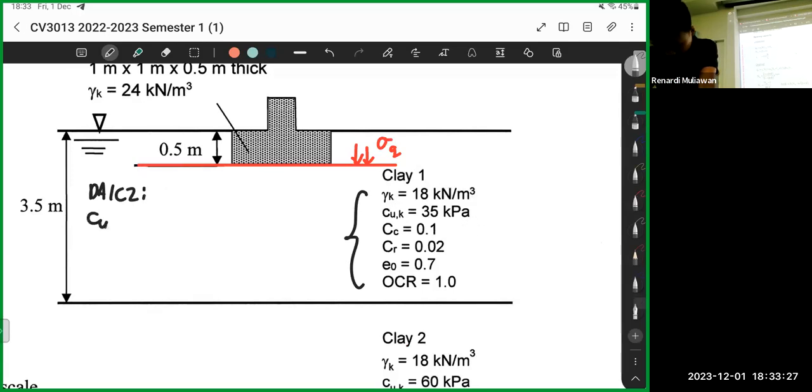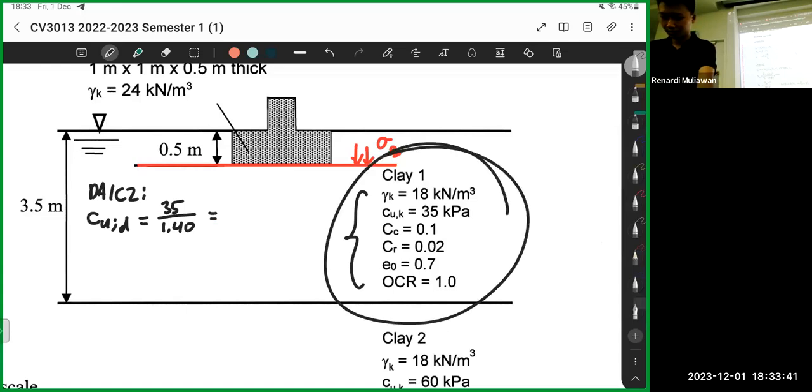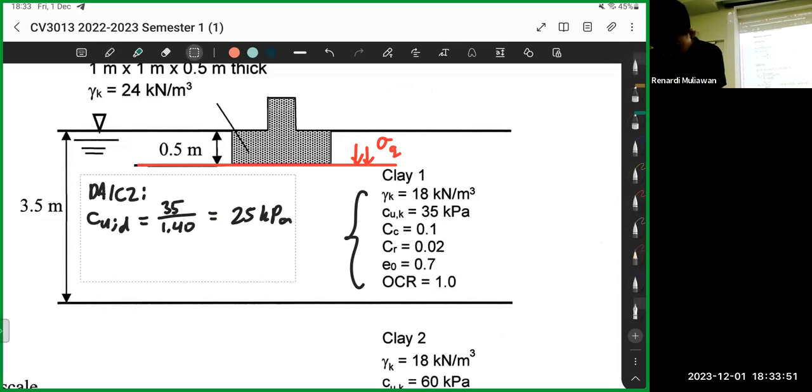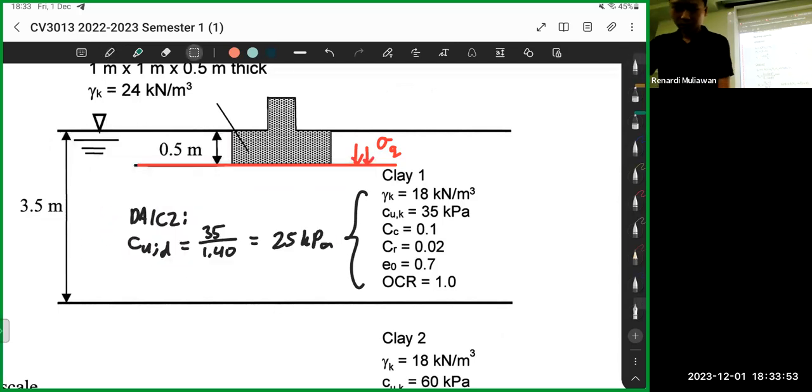So cu design is 35 divided by 1.4. Then gamma stays the same. Nothing else for this information. So it's just 35 divided by 1.4, so that's 25. You can refer to the table behind.